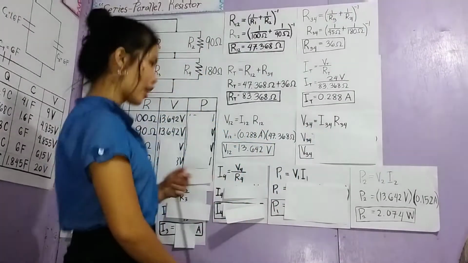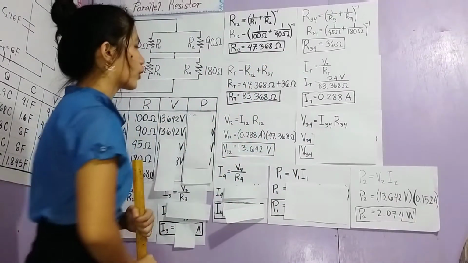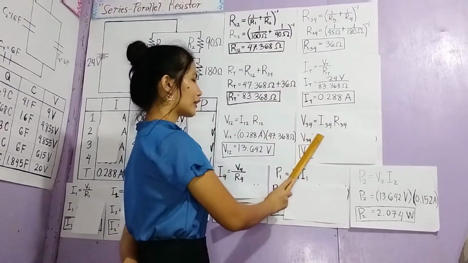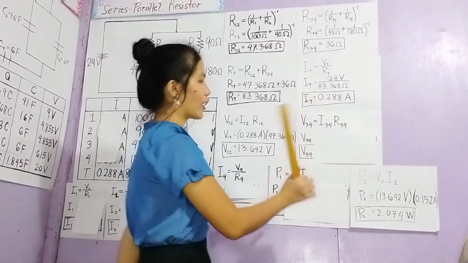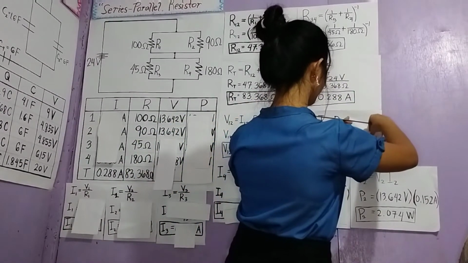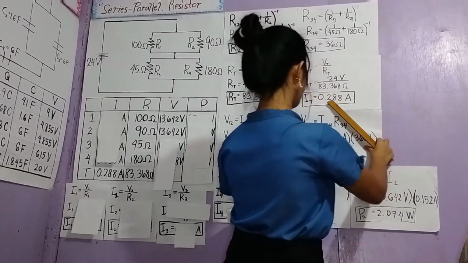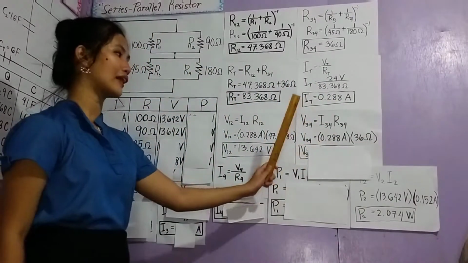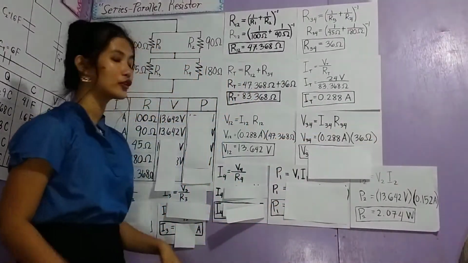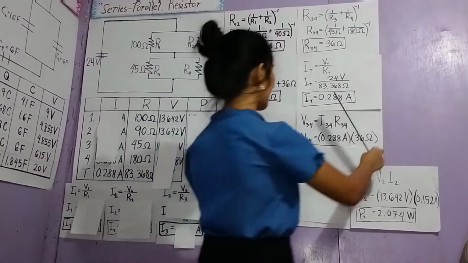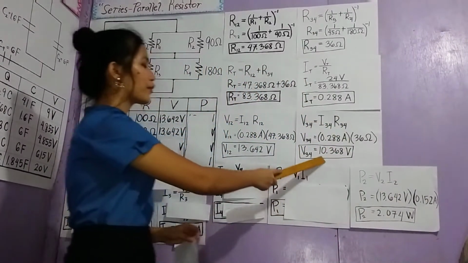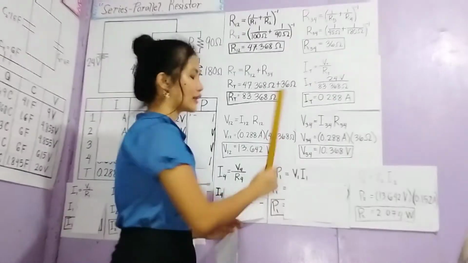Next, we're going to find for the V34. So the same formula, we have V34 is equals to I34 times R34, and putting down their given value, we have 0.288 amp times 36 ohms, and using the calculator, we'll be able to get an answer of 10.368 voltage.